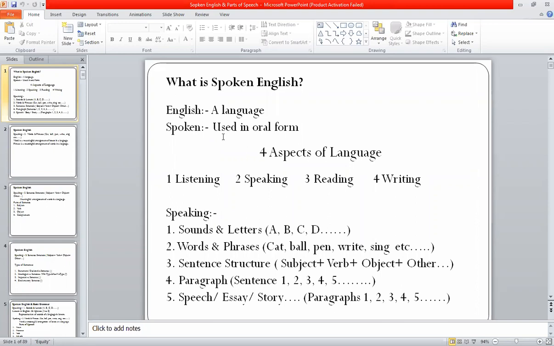And then he used to teach us reading: how to read the English language, or how to read the words or sentences in the English language.